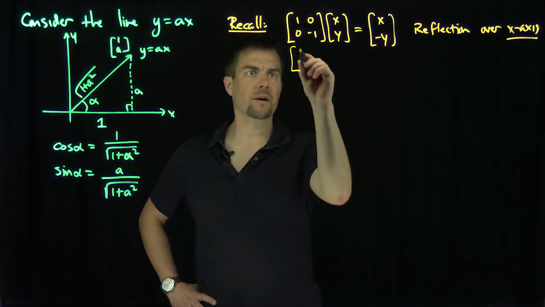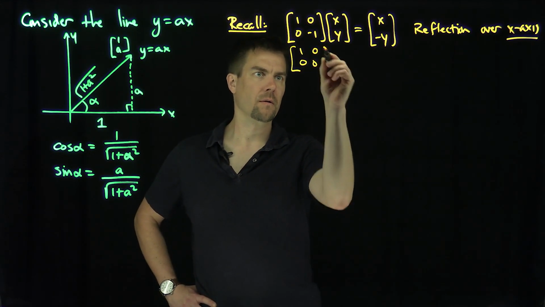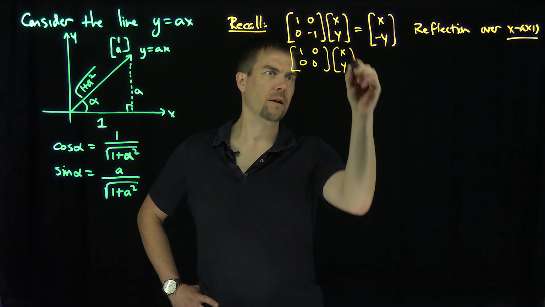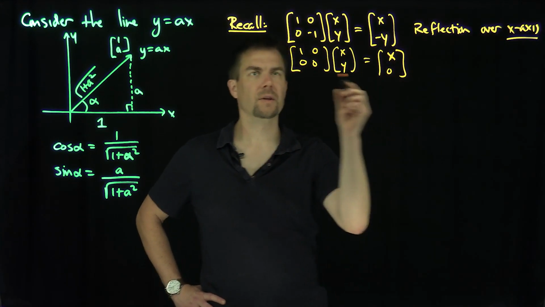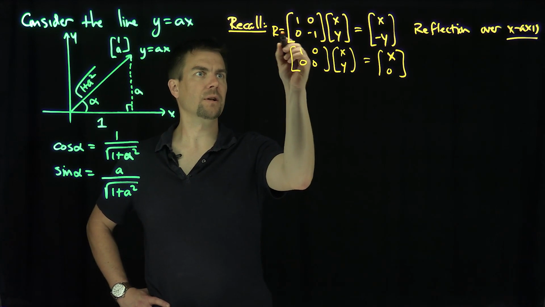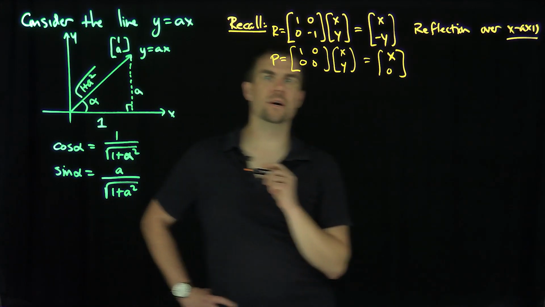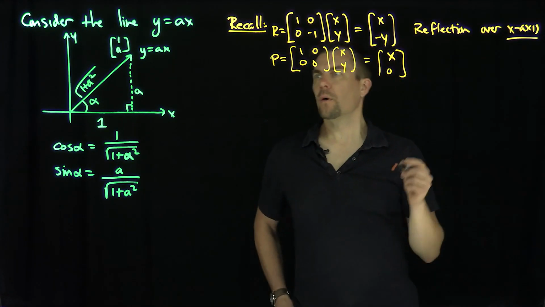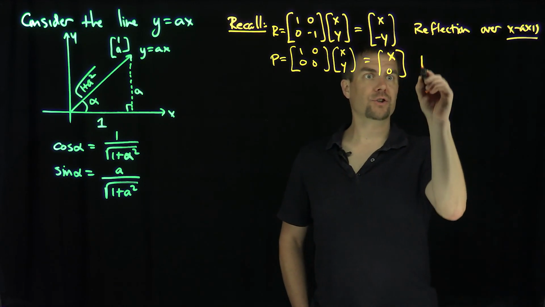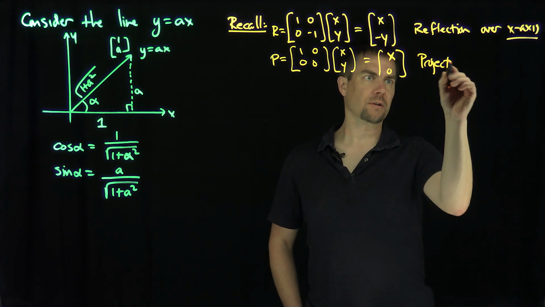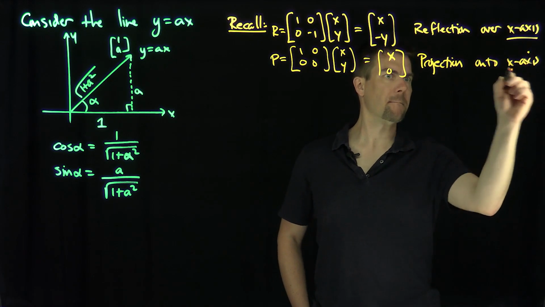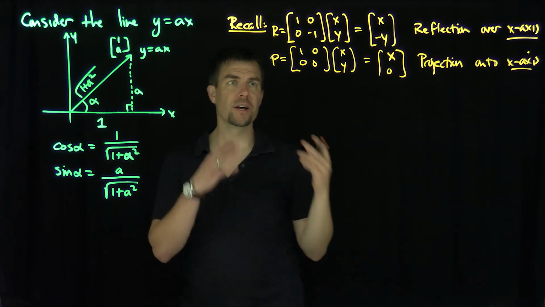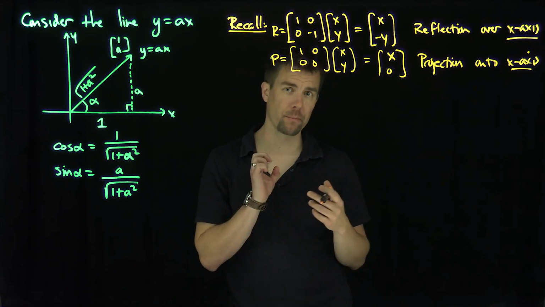Similarly, we have this other matrix, which takes (x, y) and just outputs (x, 0). I'm going to call the first R for reflection and this one P for projection, and this is projection onto the x-axis. So projections onto the x-axis and reflections over the x-axis are really simple matrices.